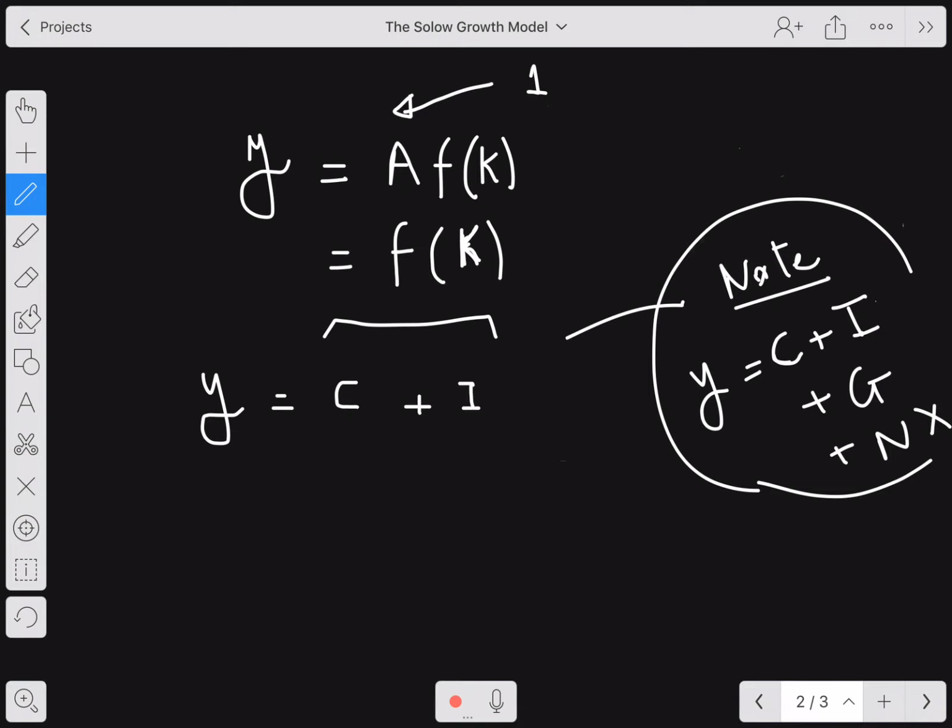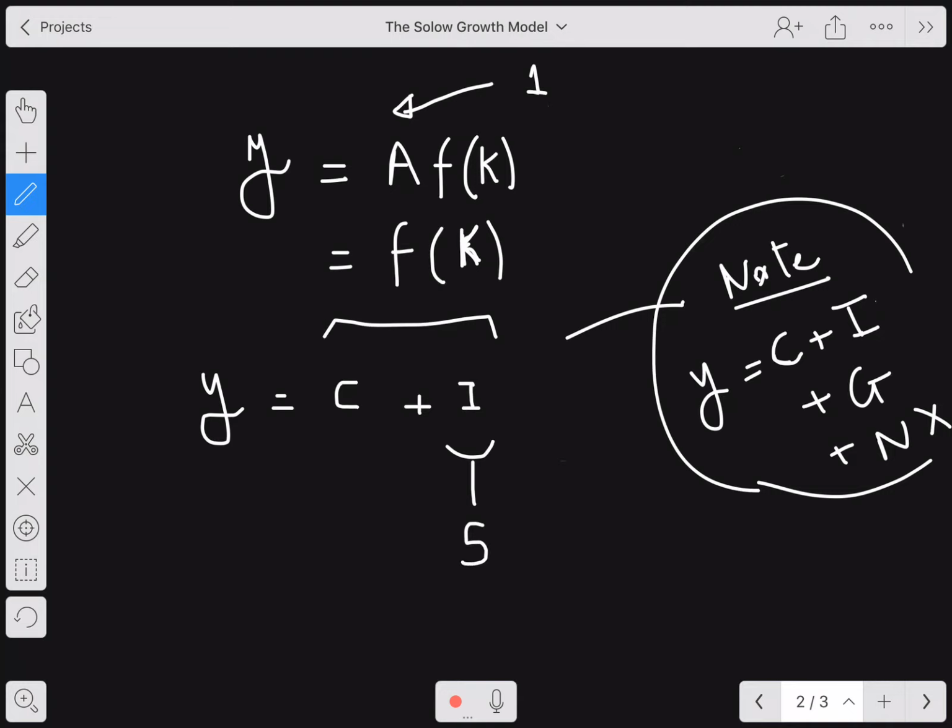The consumption here is the amount of goods and services consumed in the economy, and investment is basically when you go to a bank and borrow funds. So this is the investment, or the demand for funds. This demand for funds has to be equal to the supply of funds, and the supply is the savings.